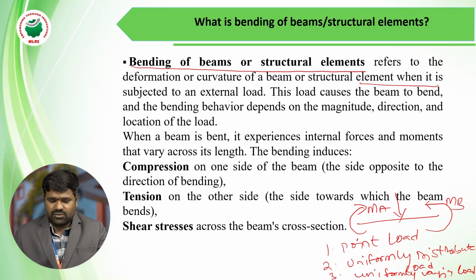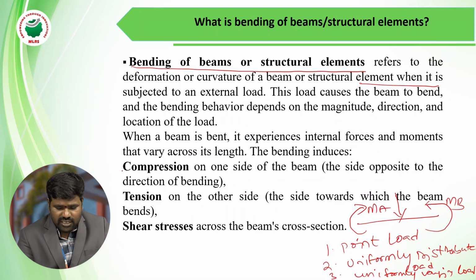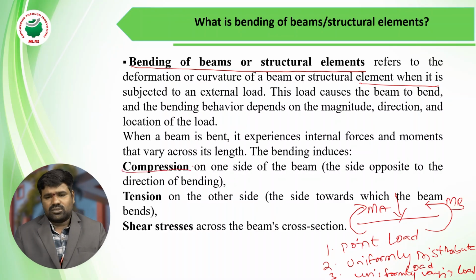The bending includes two types, compression and tension. Compression is on one side of the beam, the side opposite to the direction of bending. Tension is on the other side, the side towards which the beam bends.